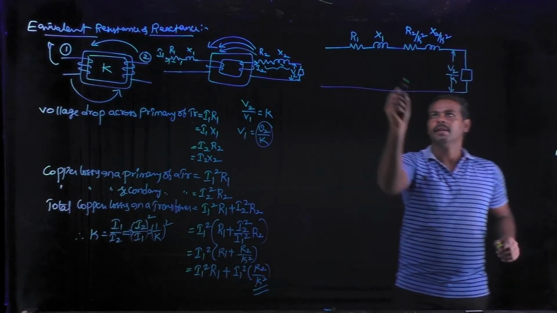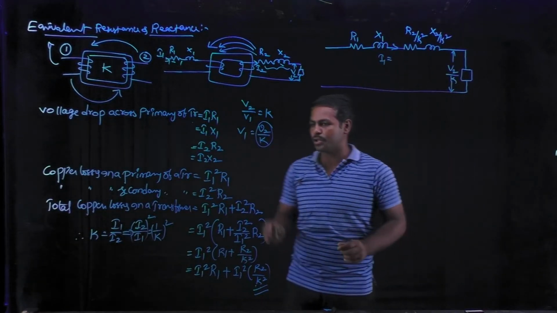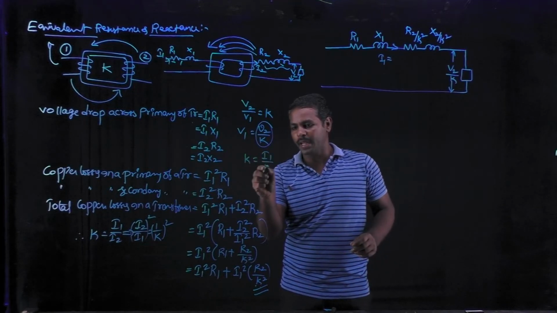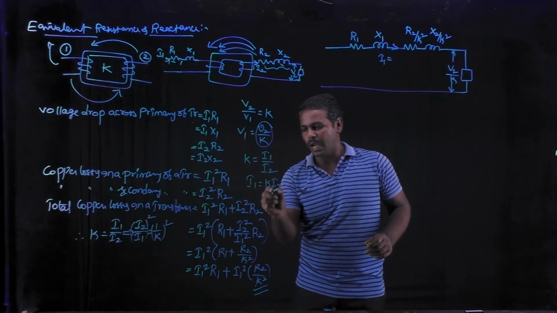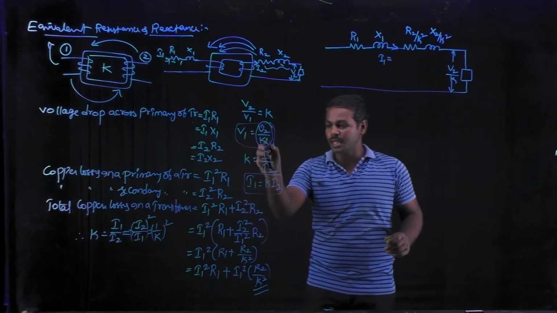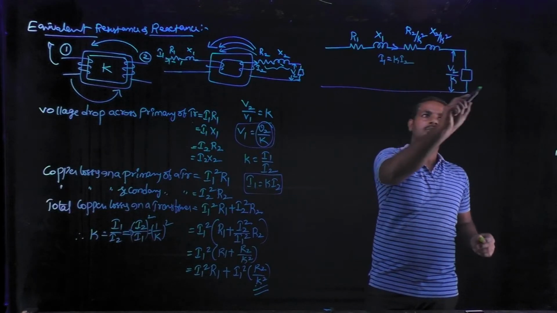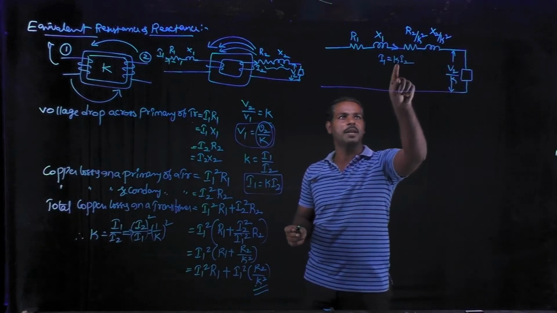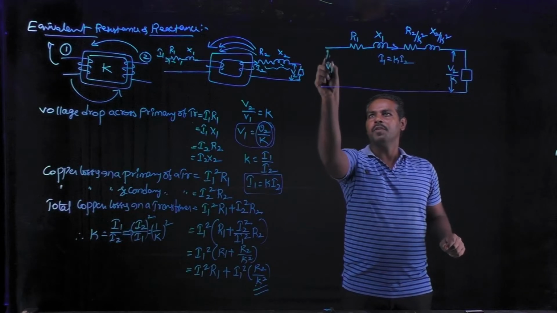Now, since K is equal to I1 divided by I2, I1 is equal to K into I2. This is one equation. Based on it, the I2 current is also shifted to the primary side, and that current is I1, which is I2 multiplied with K. So it is equal to V1.